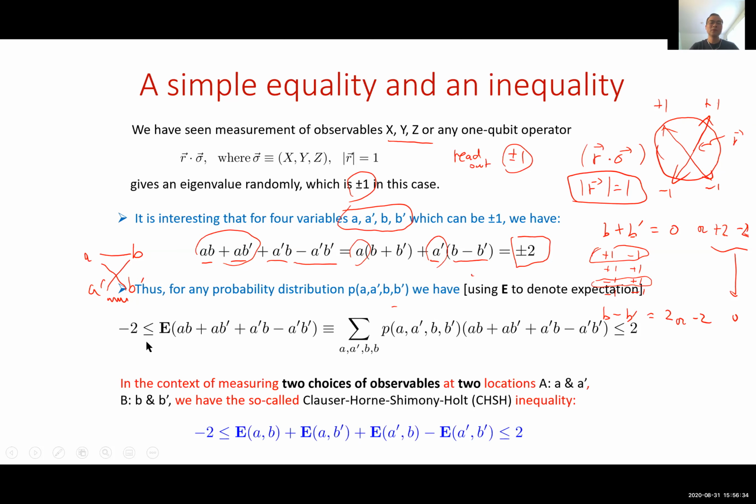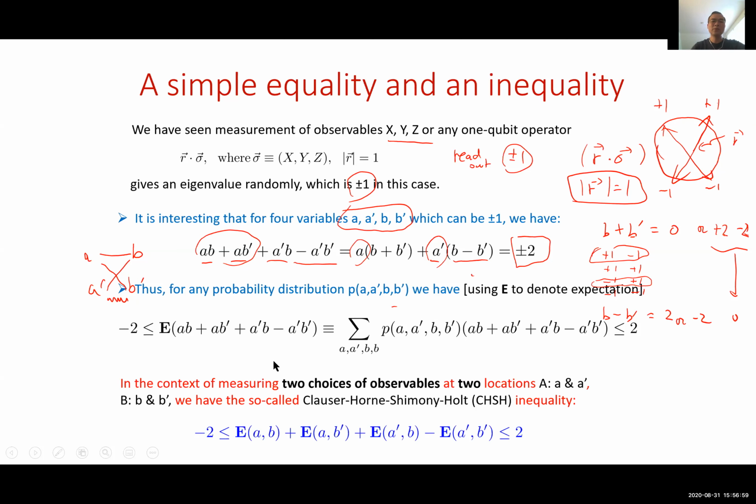The way this has anything to do with quantum mechanics is that I'm going to consider a quantum mechanics scenario where the choice of A prime, B prime represents 2 choices of observable. It could be I'm measuring along this axis or along that axis.